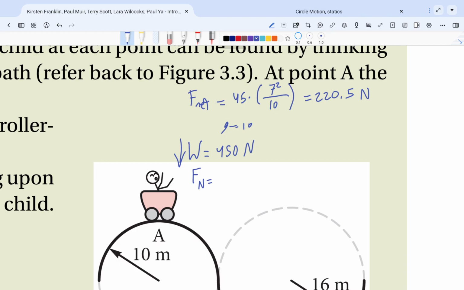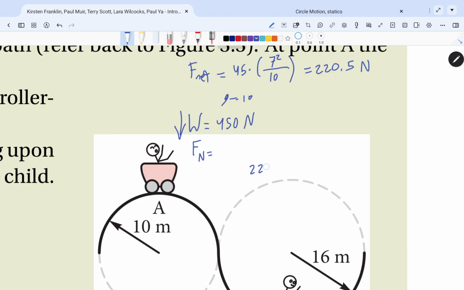What I told you before is that the weight is the normal force, because when you stand on the bathroom scales, what force is acting on you? There's the weight force down, and then the normal force straight up. So in that case, the normal force equals the weight. In this case, we also have the other forces like centripetal force acting. So that wouldn't be the weight you would read from the bathroom scale. So we know our net force is 220.5, and we know our weight is 450 N.